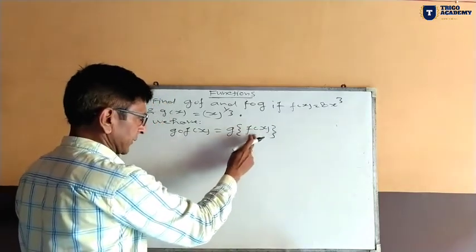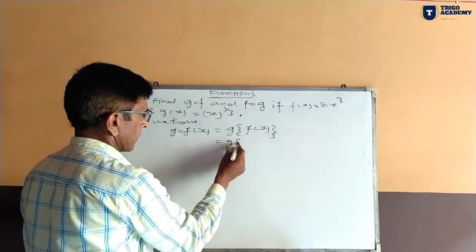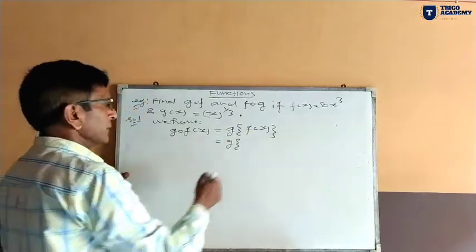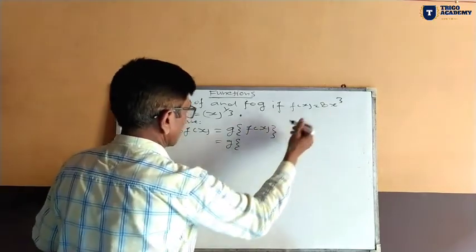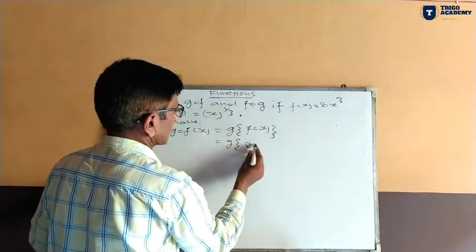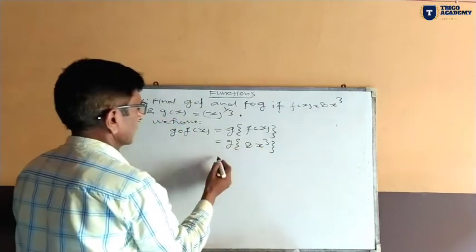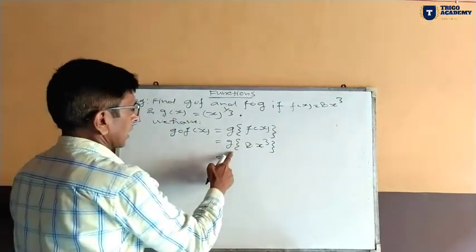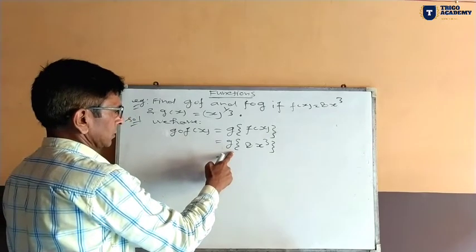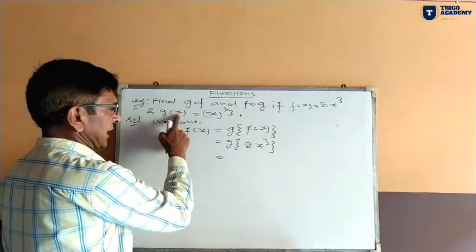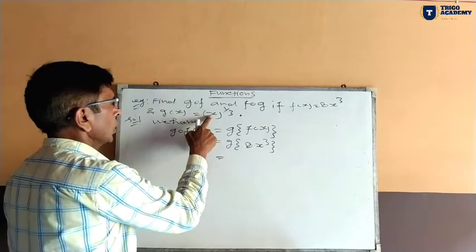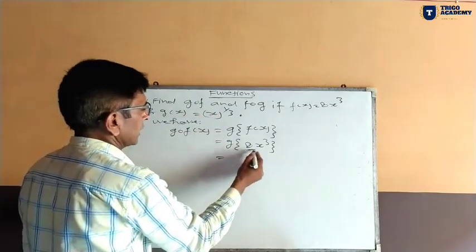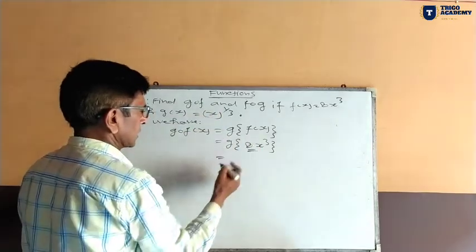So first we simplify this f(x). By definition of f(x), it is equal to 8x cube. Now we will use here the definition of g(x), and g(x) is x raised to 1 by 3, and here in place of x we put 8x cube.